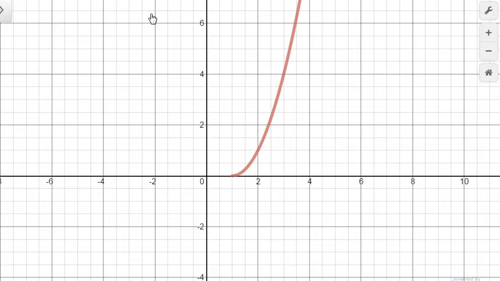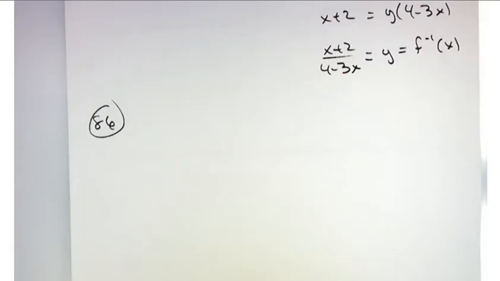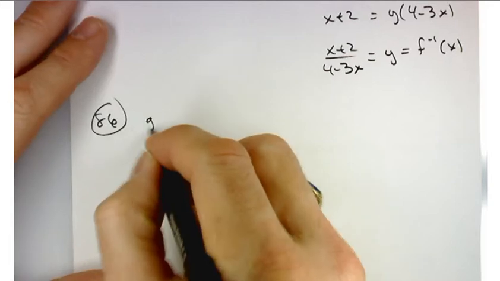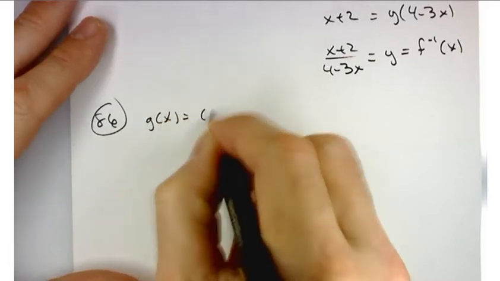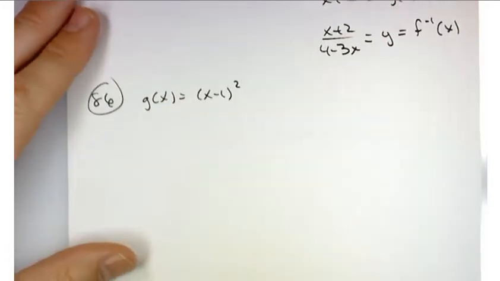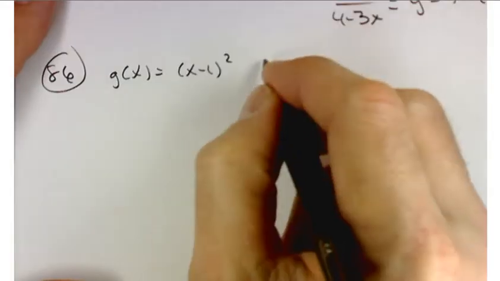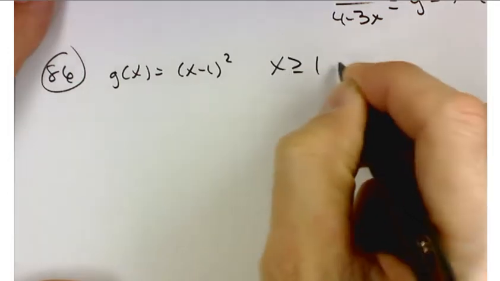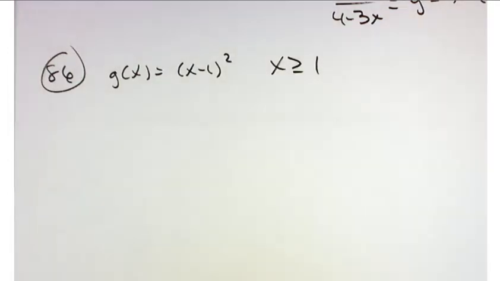So for problem number 86, if I make that restriction, so I've got g of x equals (x minus 1) squared, and I restrict that to x greater than or equal to 1 or x less than or equal to 1, then this is a function that will pass the horizontal line test.